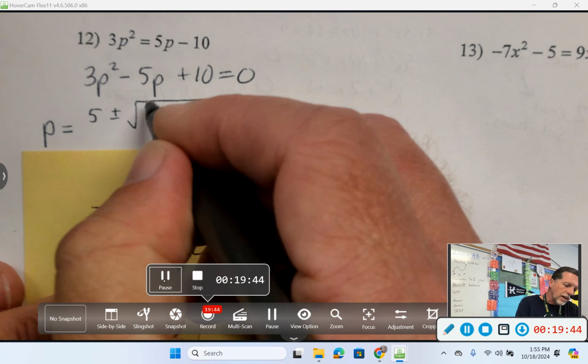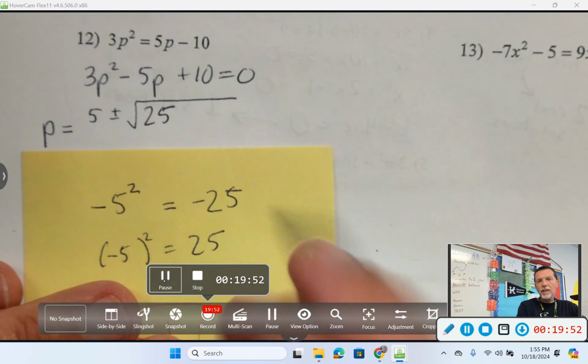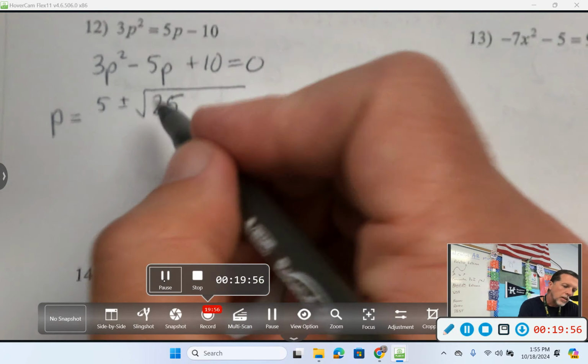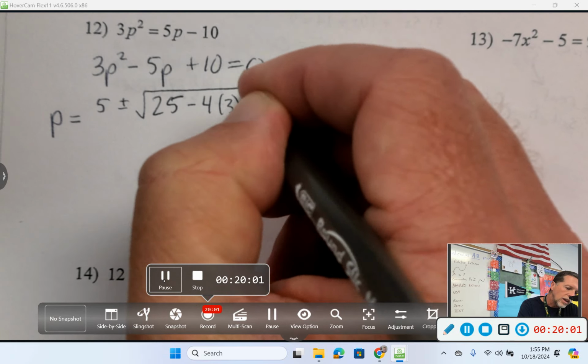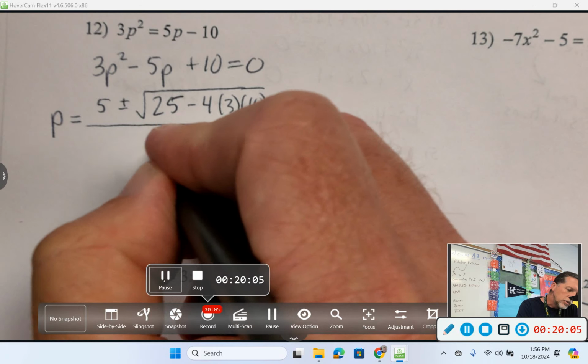That would be 25. So that's part of the reason I don't want to give you a calculator yet, because you're just going to start punching buttons in and getting answers that don't make sense. So b squared minus 4ac, all over 2a.